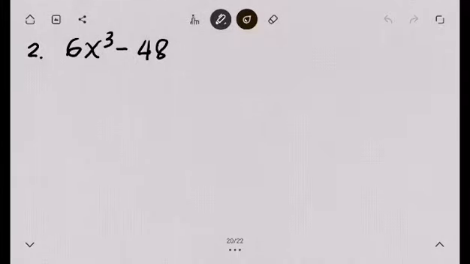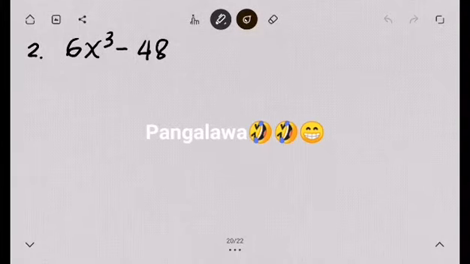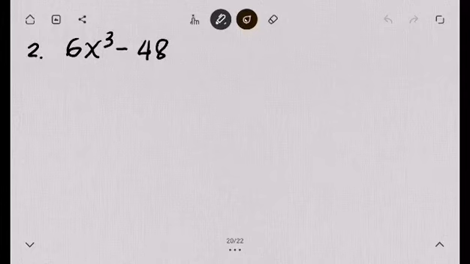Okay, so proceed tayo dito sa pangalawa. We now have 6x cubed minus 48. So by inspection uli, ang 6 ay hindi siya perfect cube na number, ganun din yung 48. So kung ganito yung case, so pwede natin gamitan uli muna ng kanyang GCF.